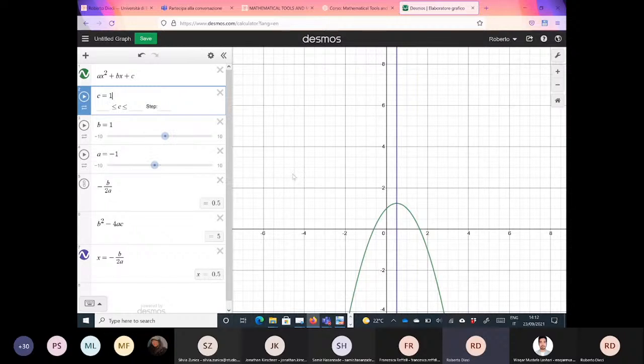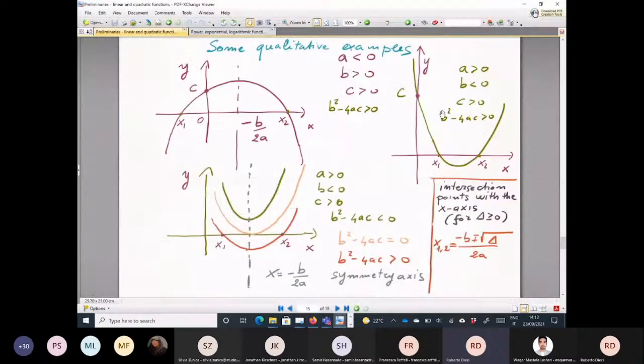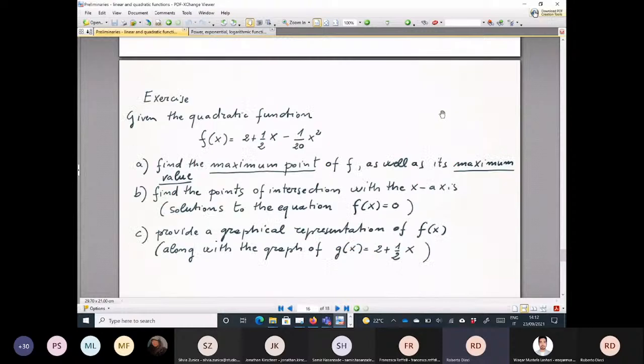So I think that graphically it's not possible to see 2 variable functions, but all other kinds of computations and visualizations are possible, okay? I don't spend more time on the parabola, except letting you solve a simple exercise to show one thing, and then we will switch to power functions.